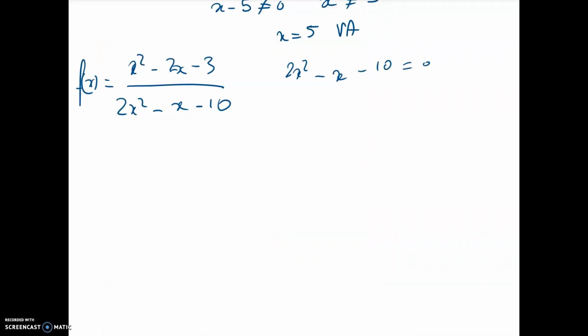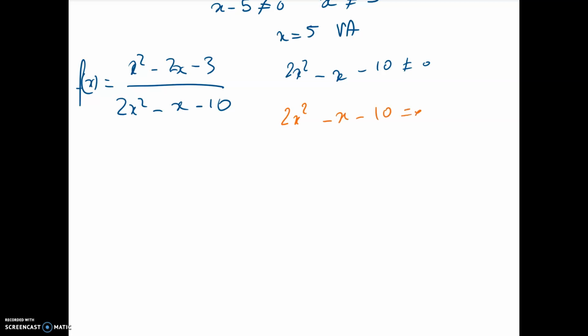All right, so the first thing I want to do is study my denominator. And my denominator cannot be equal to 0. If I want to find the value of x that could make 2x squared minus x minus 10 equal to 0, I basically need to study 2x squared minus x minus 10 equals 0.